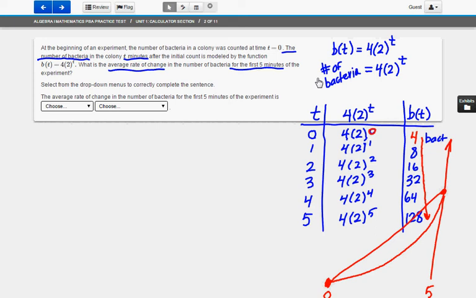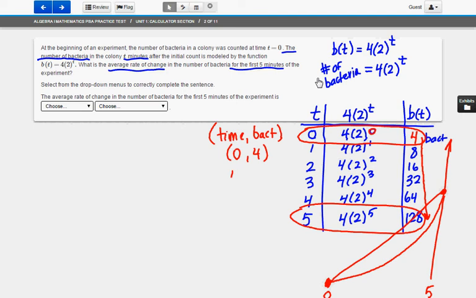So we're going to find the slope of the line that connects the first point, which is at time 0. My ordered pair is going to be 0, 4. And at time 5, 128 bacteria would be my total. In my class, to find slope, we practiced using this formula, y2 minus y1 over x2 minus x1.